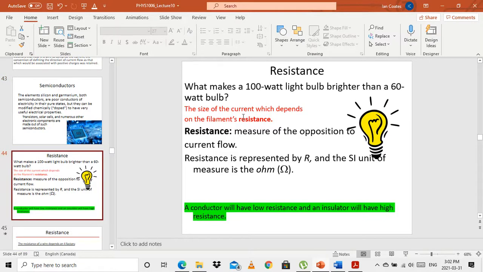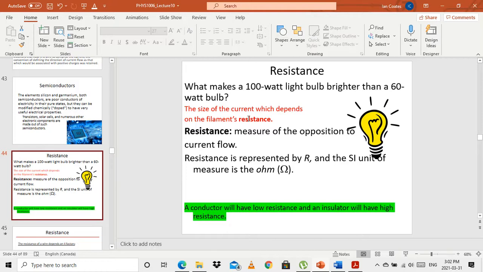Resistance. What makes a 100-watt light bulb brighter than a 60-watt light bulb? What is the difference? It's the size of the current. That's all it is. And this depends on the filament's resistance. You see that filament there, that metal alloy strip in your old school light bulb.